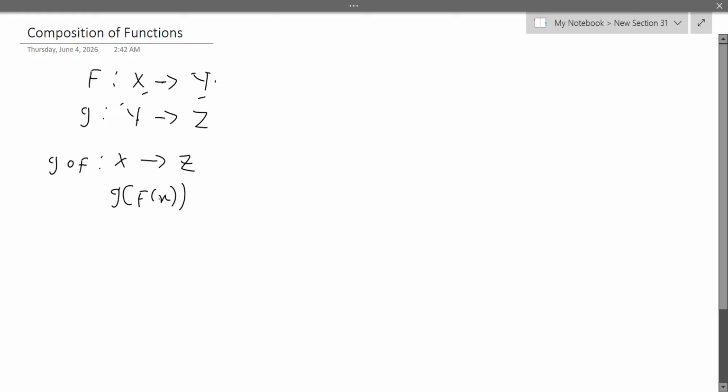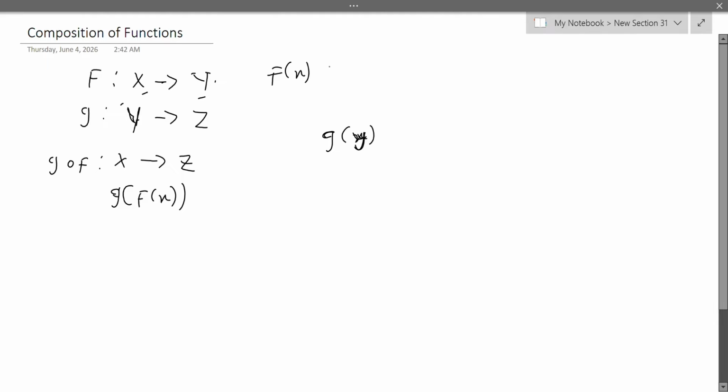So you can see that the domain of g, which is initially g of x, or let's say g of y, because the domain here is y, which is initially g of y, is now becoming g of f of x. Because the domain of g has been replaced by the image of f, which is f of x.